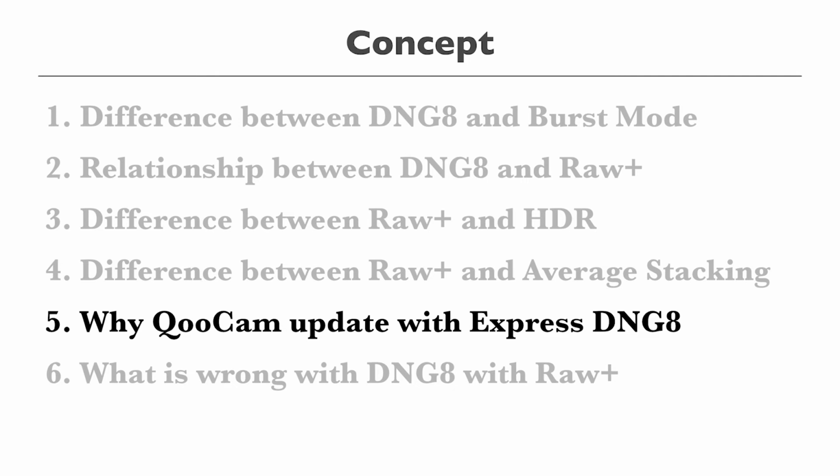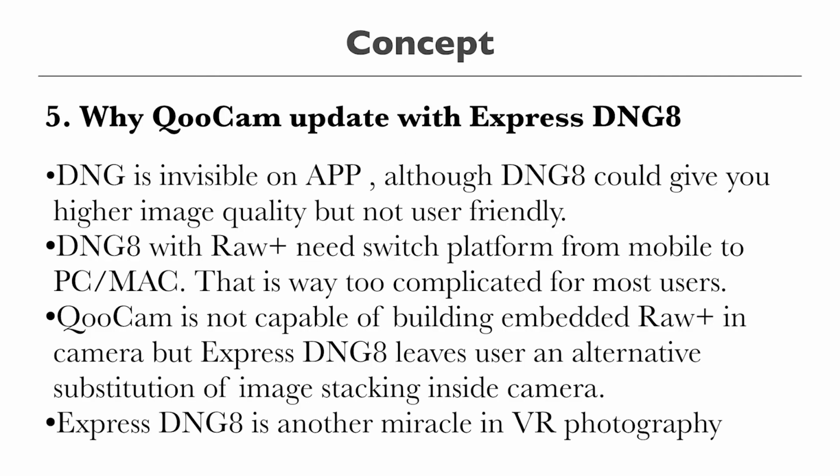Fifth question: why did QooCam update with Express DNG8? This answer is quite simple, but to tell you more about it, you have to know that at the moment DNG8 files are invisible in the QooCam app, and although DNG8 could give you higher imaging quality, this feature is not user-friendly.